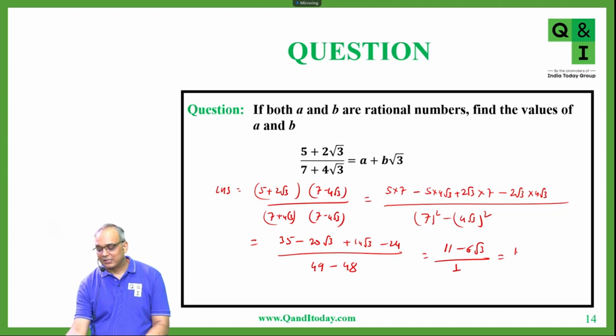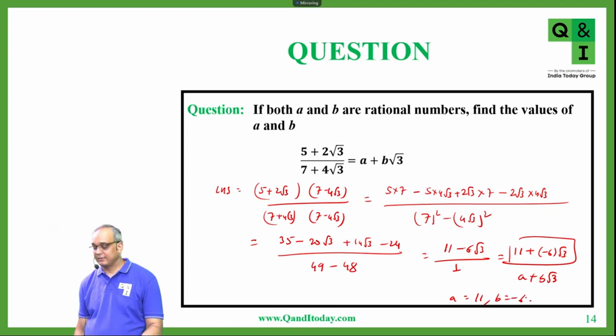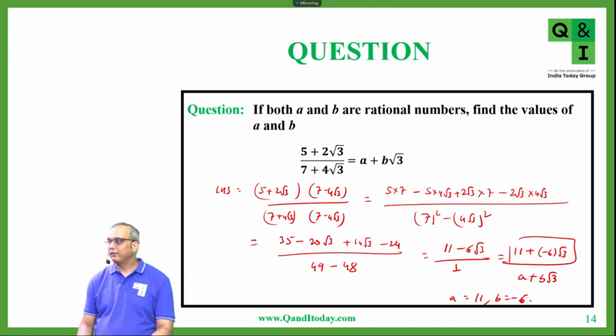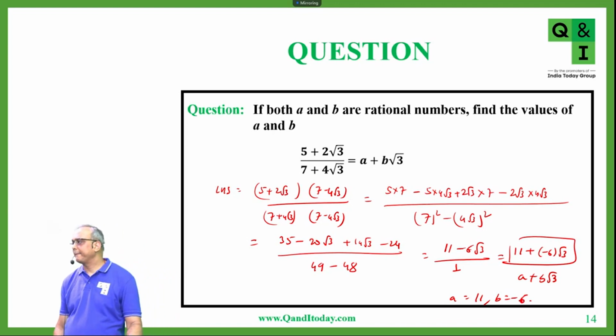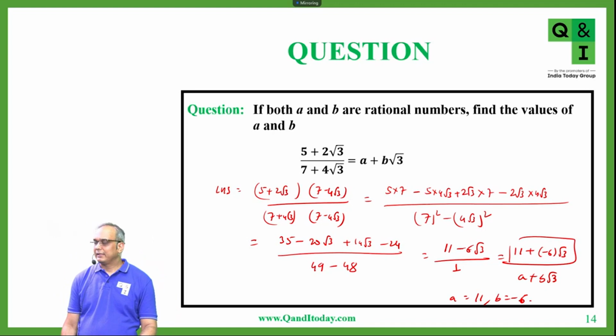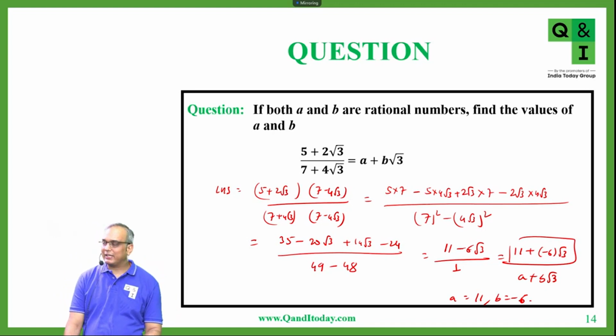So this is 11 plus of minus 6 root 3. If you equate it to a plus b root 3, you will find that value of a is 11 and value of b is minus 6. Is it clear to everyone? Value of a and b. Has everyone been able to understand this?